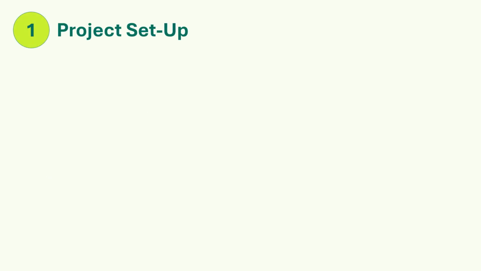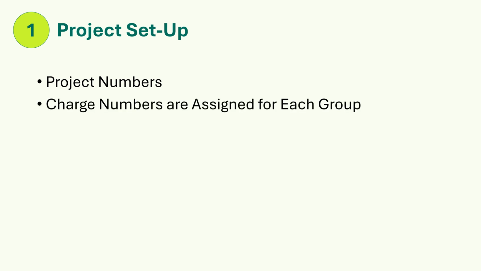Step 1. Project Setup. Make sure you have an assigned project number or numbers used in the WSDOT Information Management System to describe how and when the planned work is to be executed on a project. Ensure the project has been set up correctly in the WSDOT database and charge numbers assigned for each group that will be working on the project. Submit a work order authorization requesting that the project be set up in WSDOT's Information Management System.